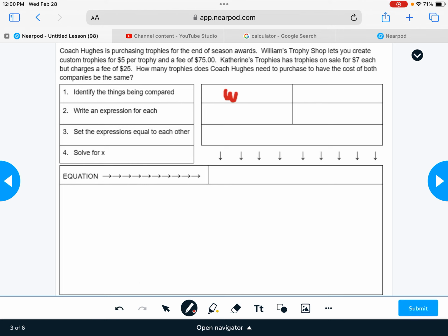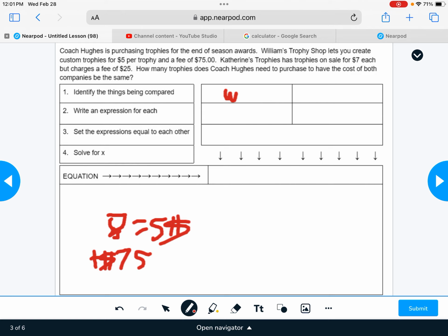The expression for this lets us look at the numbers that are given to us to see how this changes. Notice, he's buying trophies at $5 per trophy. So if every trophy here, I'm just going to draw this real quick, equals $5. Oh, and in addition, we've got a $75 charge that's on there. If I'm looking at how much he's paying for this, what does that depend on?